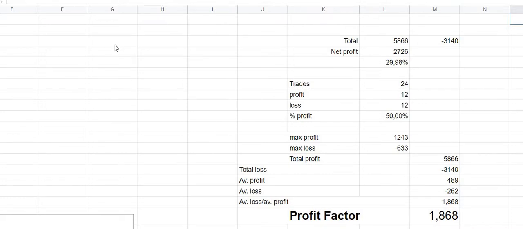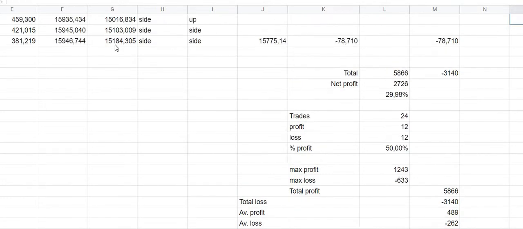So our total performance is here. The total profit was 5,866, and the total losses from the deals which were closed with a loss were minus 3,140.